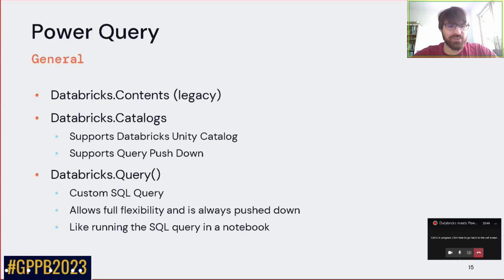For this, you can use the Databricks.query function, where you specify the server name and the HTTP path, and then just enter a regular SQL query that's executed on the Databricks cluster, and the results are returned. You have all the flexibility there, as you have in a SQL query in a notebook, and can do whatever you want. And you're sure that the query is always pushed down and executed on the Databricks cluster.